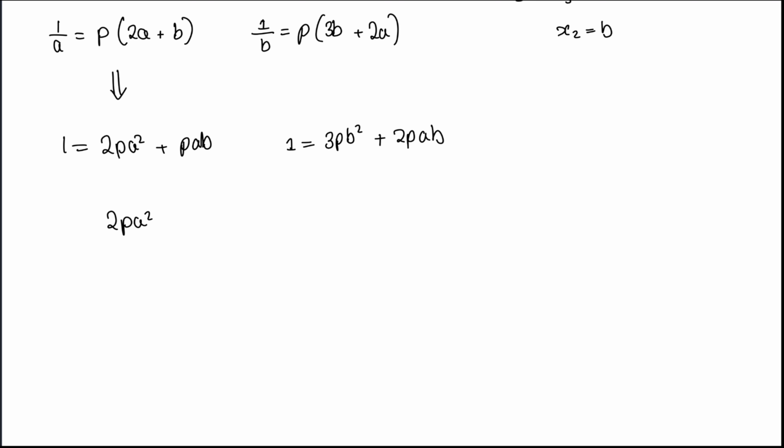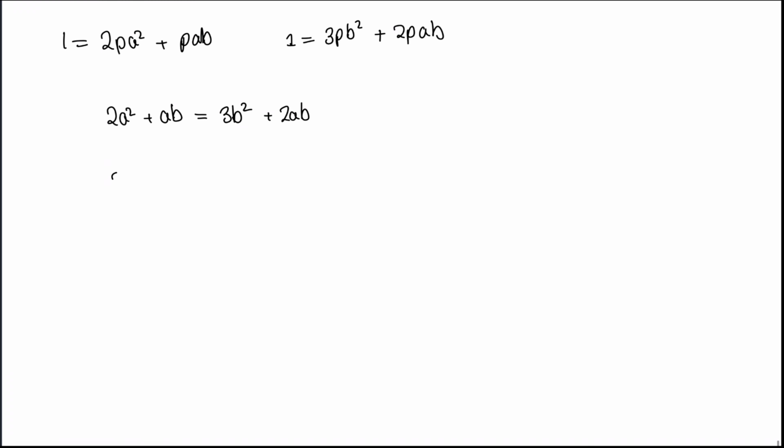I'll then equate these two equations together, which means that I will be able to divide by rho. So we get 2a squared plus ab is equal to 3b squared plus 2ab. So over here we get 2a squared minus 3b squared minus ab is equal to 0.